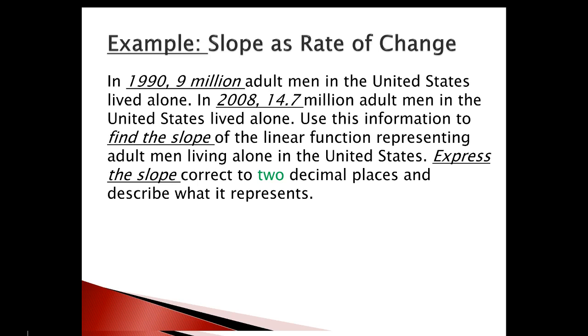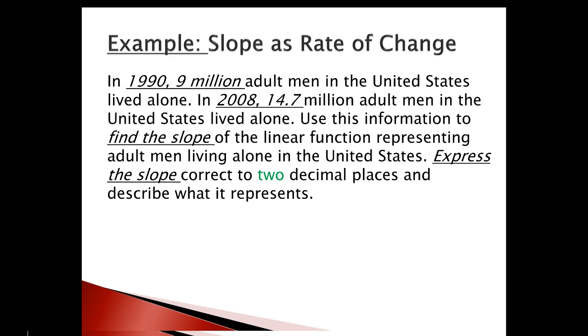In 1990, 9 million adult men in the United States lived alone. In 2008, 14.7 million adult men in the United States lived alone. We are going to use this information to find the slope of the linear function representing adult men living alone in the United States.